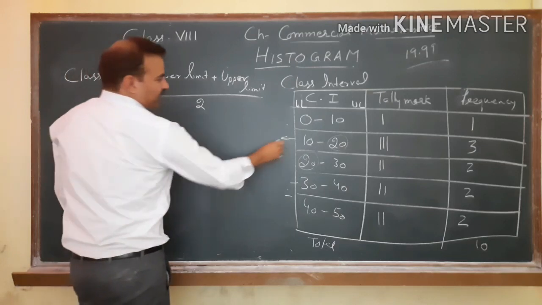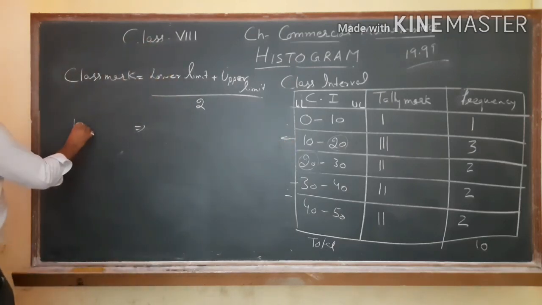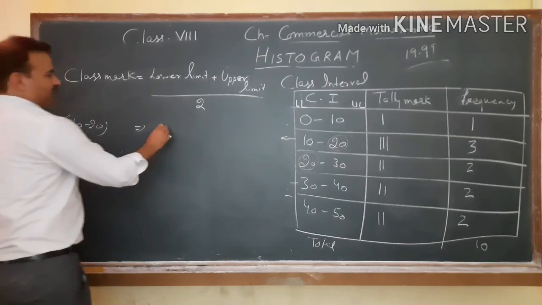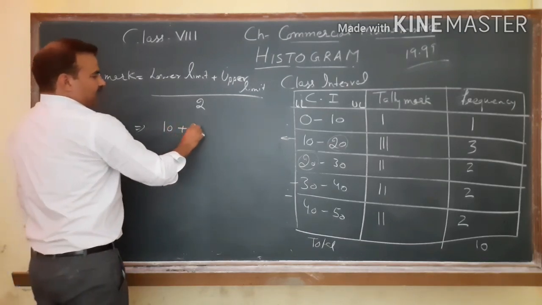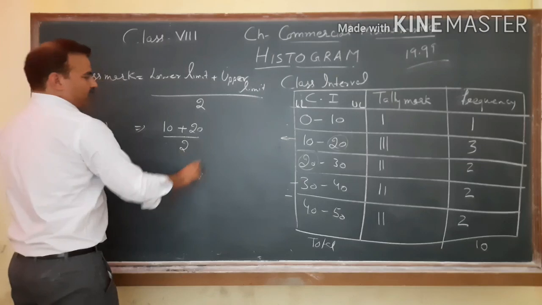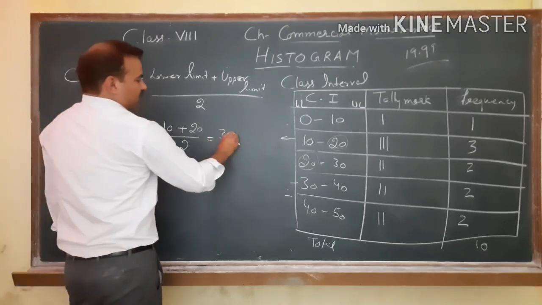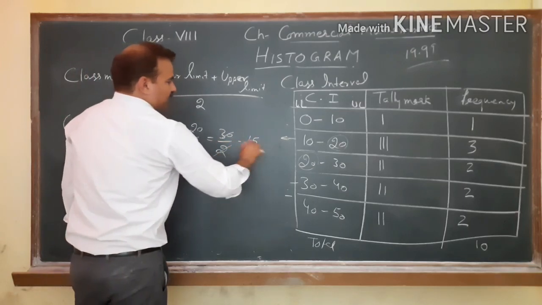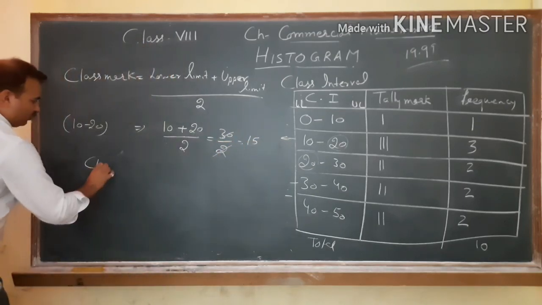Suppose I am finding it for 10 to 20. So that will be lower limit, that is 10, plus 20, by 2. 10 plus 20 is 30, 30 by 2. If we divide, that is 15. So what is the class mark?